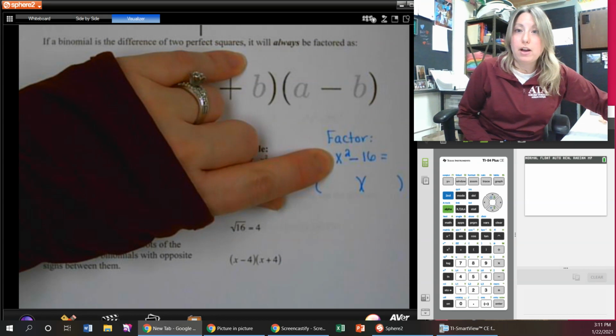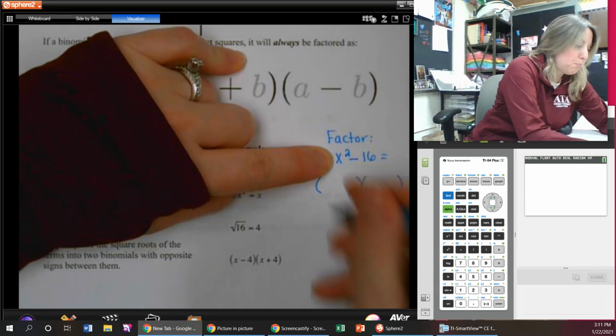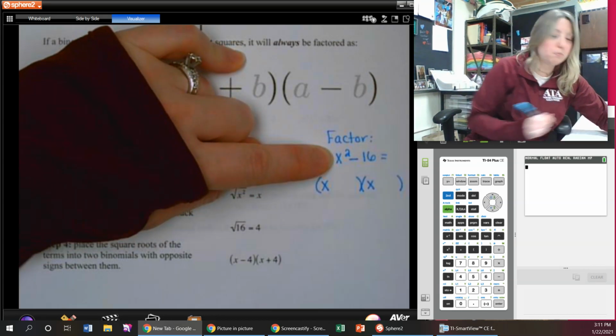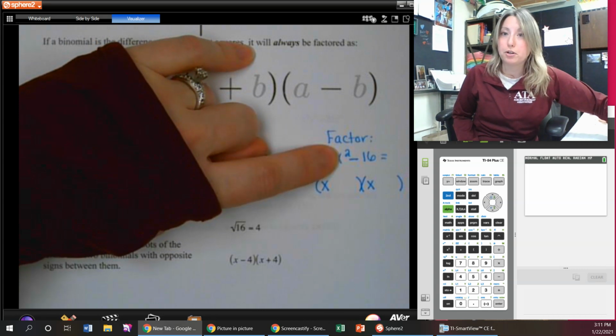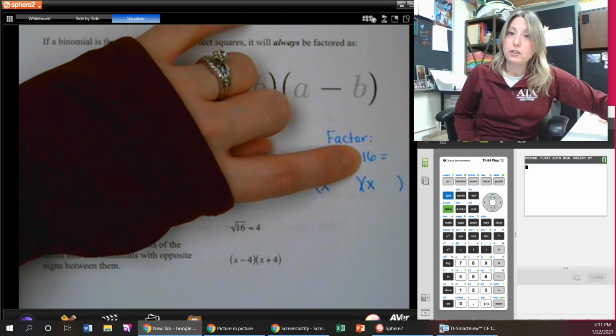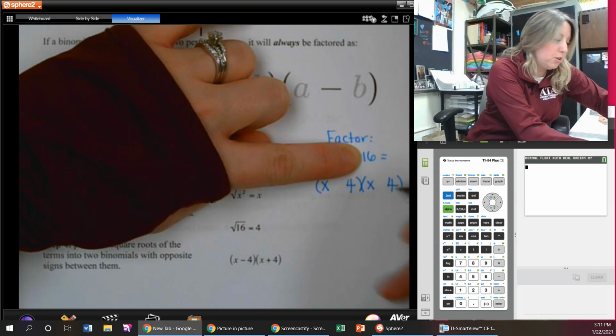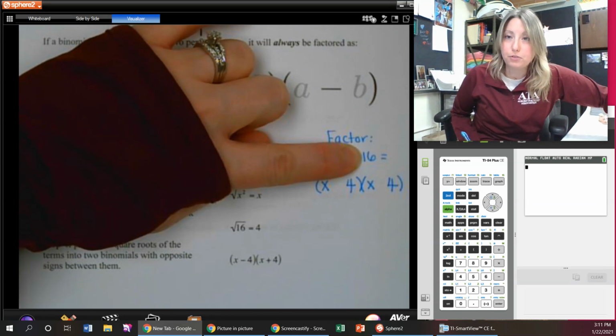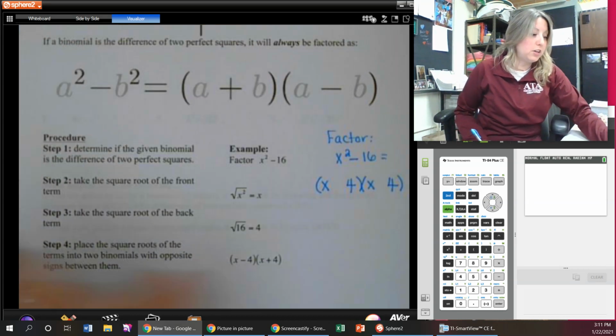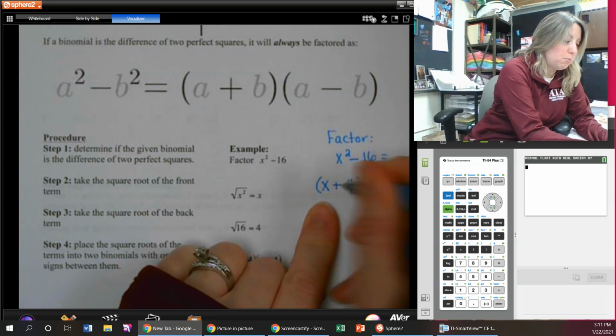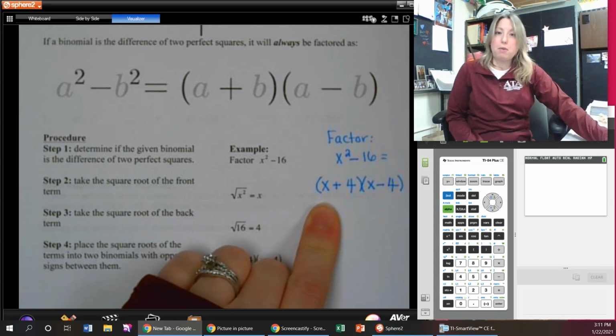Take the square root of x squared, x. Put an x in each front because this was the front term here. Take the square root of 16, 4. Put a 4 in the back of each of the binomials because this was the back term of DOTS. Then to finish it off, one of these binomials gets a plus sign, the other gets a minus sign.